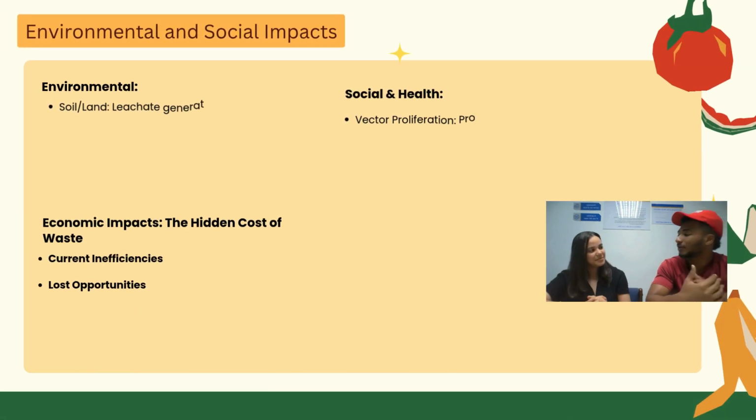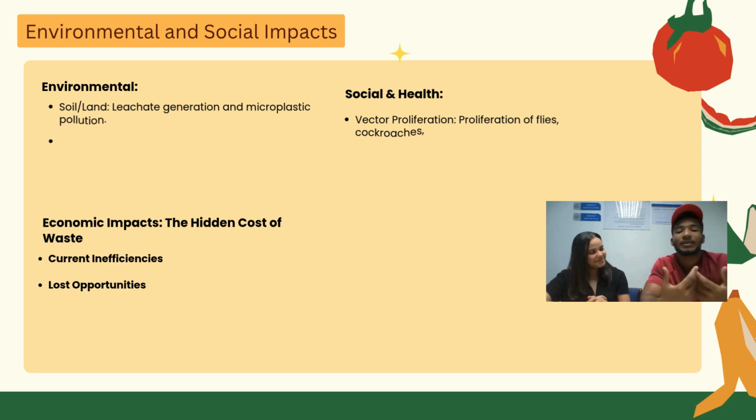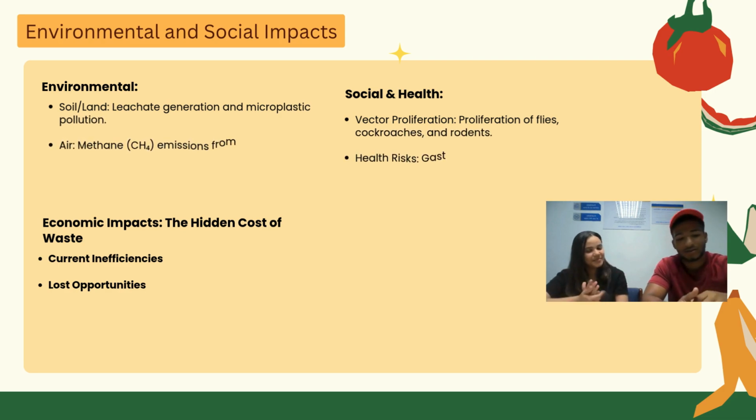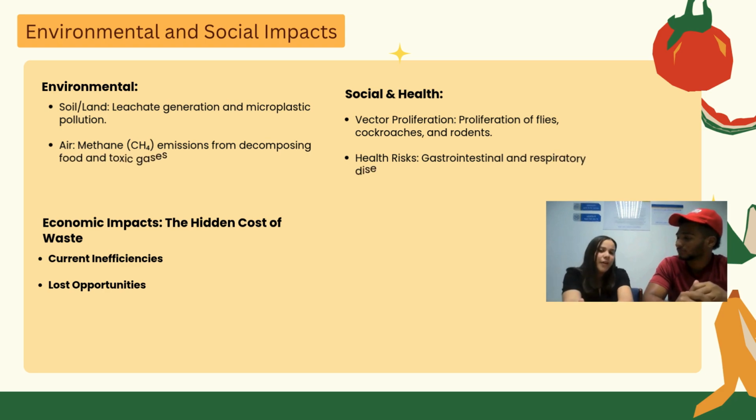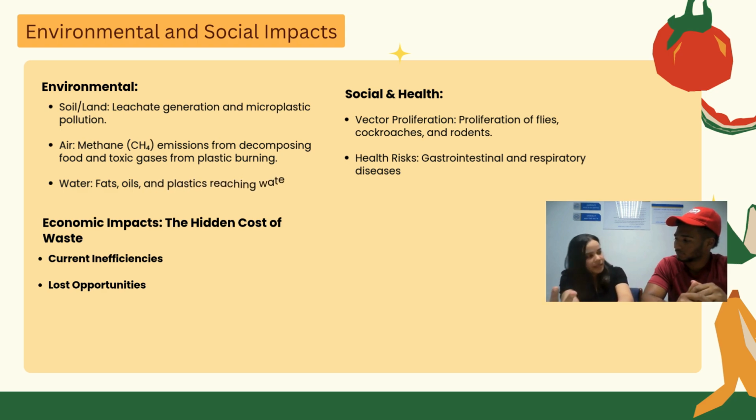Interesting. So after completing all this information, what is the impact that all these things have on us? Well, we have many impacts. We classify them as environmental, social and health, and also economic impacts.